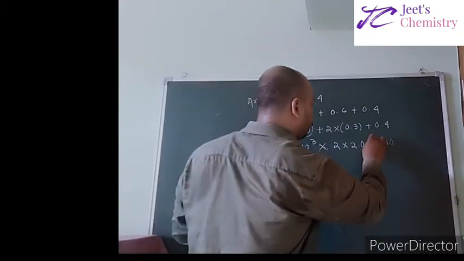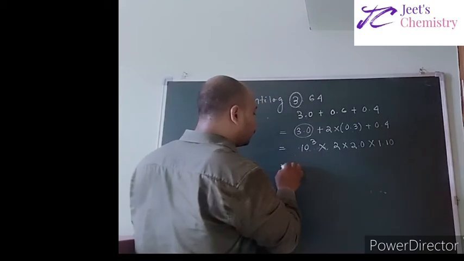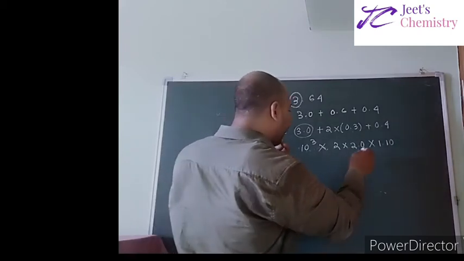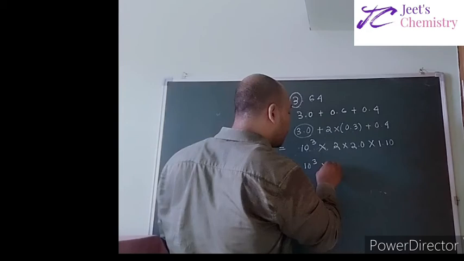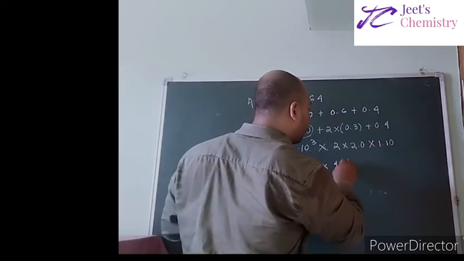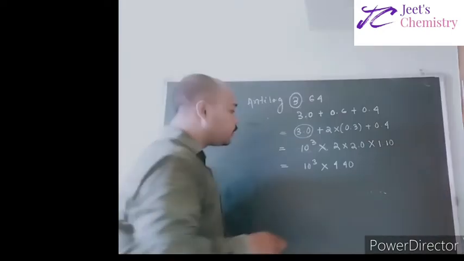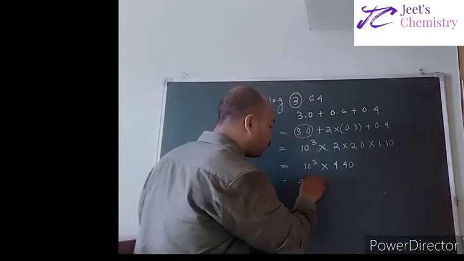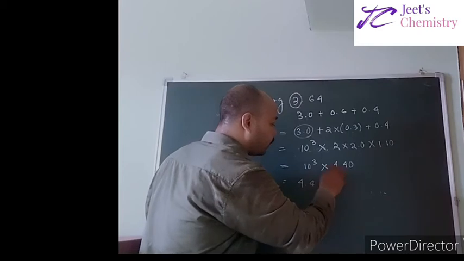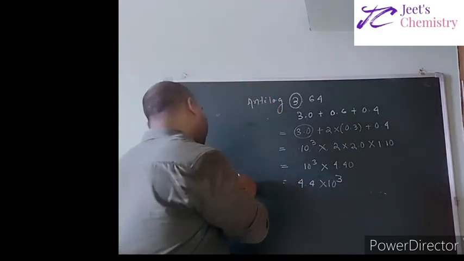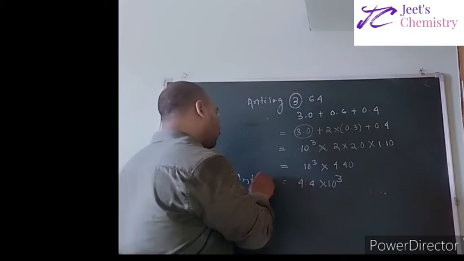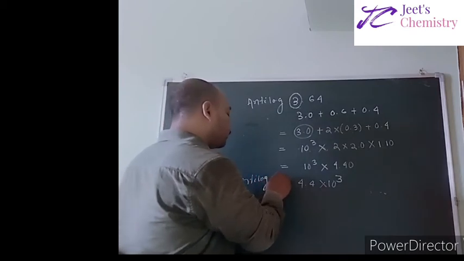So into. Now solve this: 4.40. So your answer is 4.4 into 10 to the power 3. This is the value of antilog 3.64.